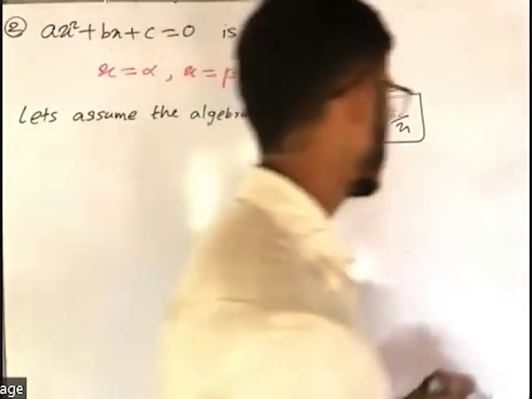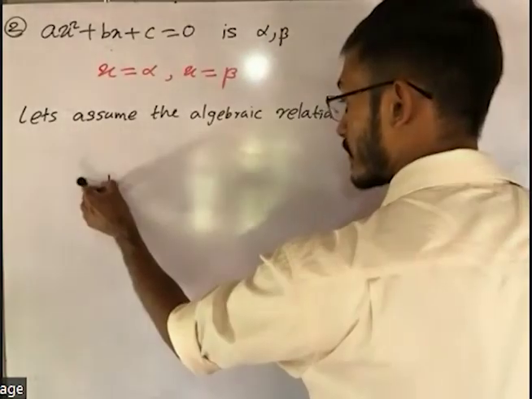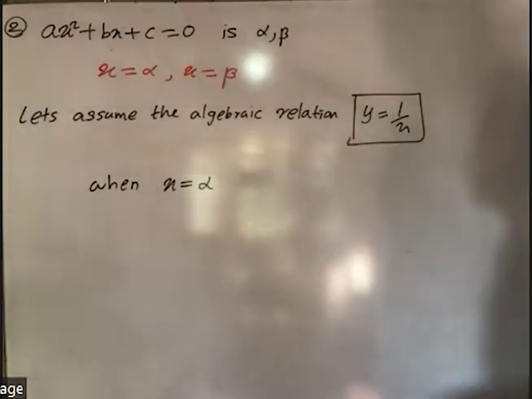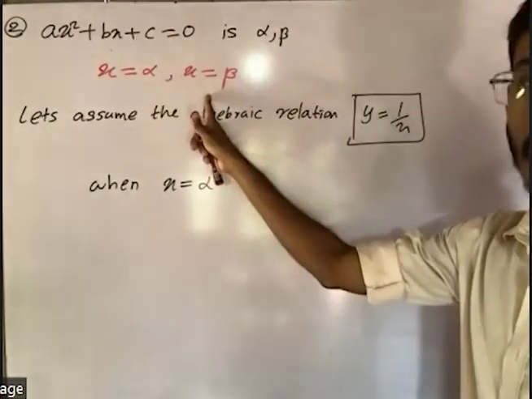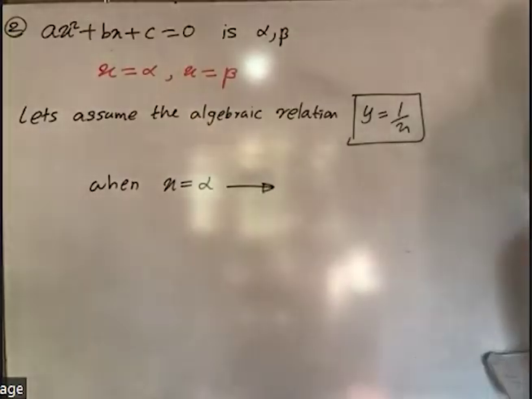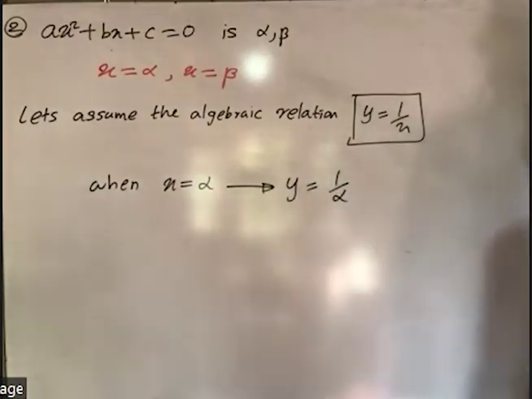Let's see what will happen if you convert this. There are two values that x can take, alpha and beta. So when x equal to alpha, then y will be equal to 1 over alpha.